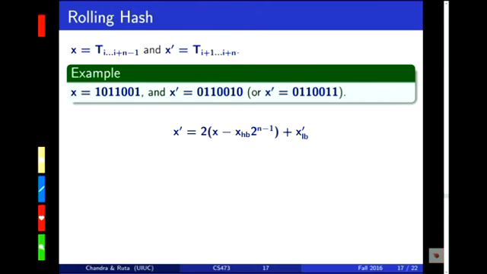If that bit was 0, I do not subtract anything and I'm fine. If the bit was 1, then I make it 0, basically. Then I multiply by 2, that is shifting. When I do this shift, I'll have a 0 bit at the end. So I can add the last bit of x prime there to make it 1 or 0 based on what x prime has.